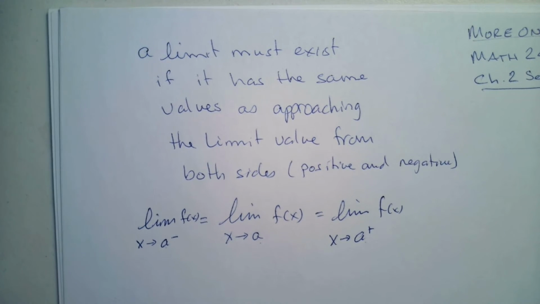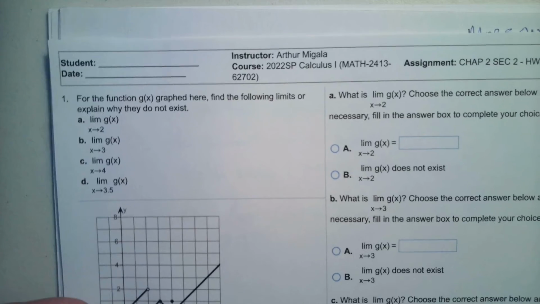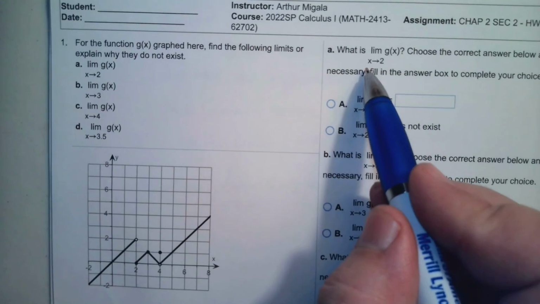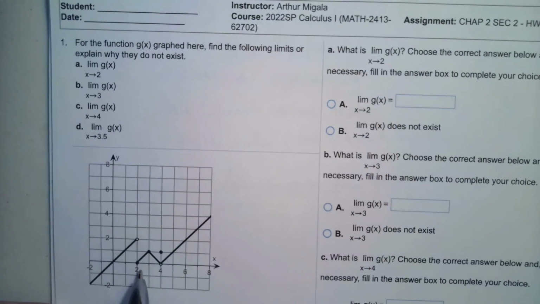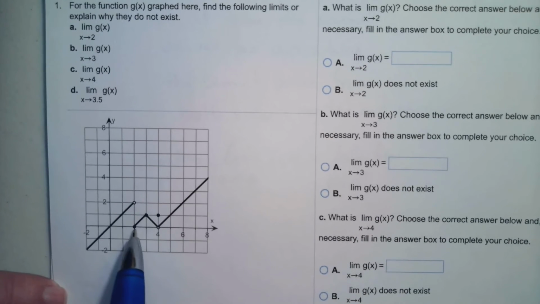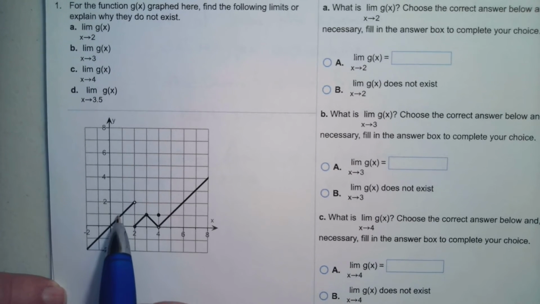Case in point, this first example. The limit as x approaches 2. As x approaches 2 from the left, it looks like it's approaching 2. From the right, it looks like it's approaching 0.